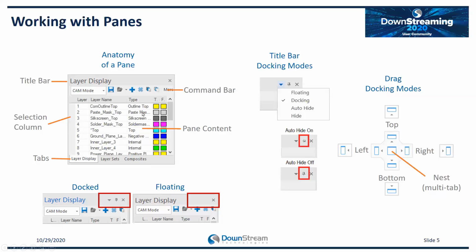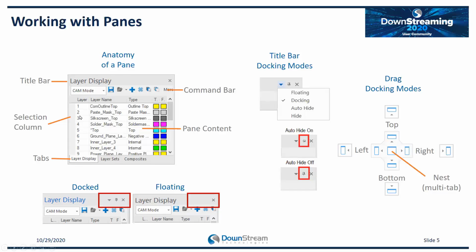This is the area where this pane happens to be displaying layer content. And in a lot of panes that are table-based, like this, you have a selection column on the left. That's for you to be able to select things without interacting with the data. Now, there are times when that's beneficial, and I'll demonstrate that. And of course, these are the tabs.